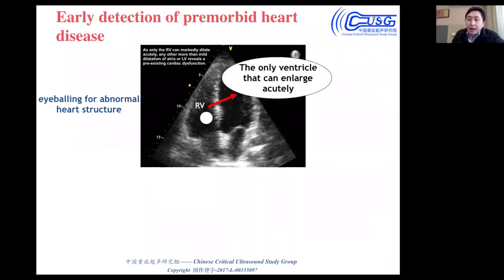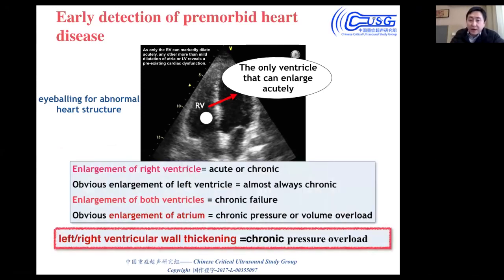We should know that the right ventricle is the only ventricle that can enlarge acutely. If any enlargement of the other ventricle has happened, we should deduce that the patient has a chronic condition, a chronic disease of the heart.